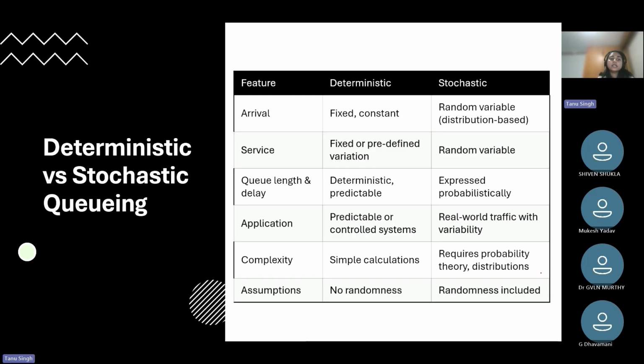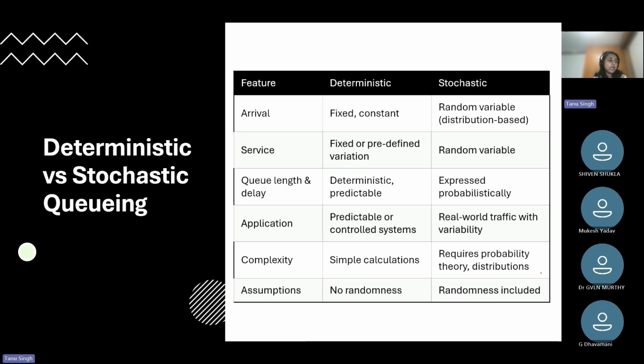Okay, so now coming to deterministic versus stochastic. After comparing side by side, in deterministic analysis, arrival and service rates are fixed. That makes calculation straightforward, and results predictable and suitable for control or predictable systems.